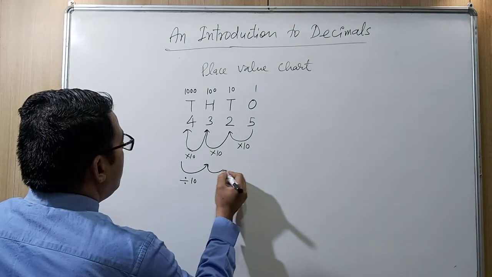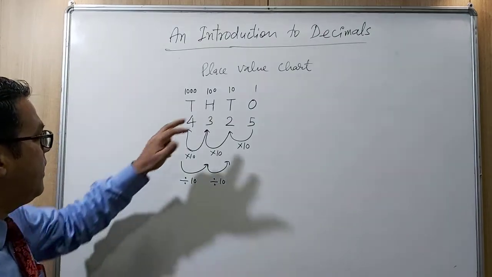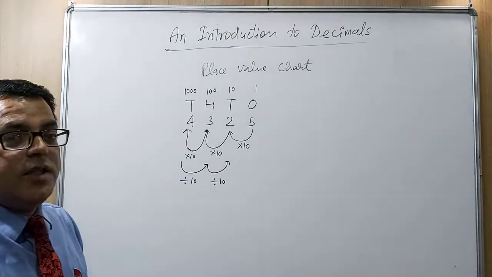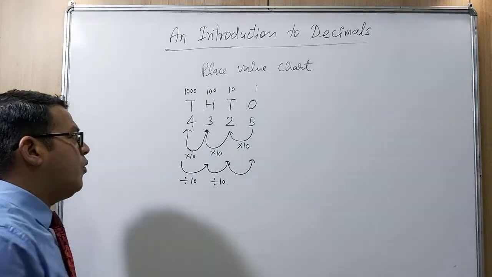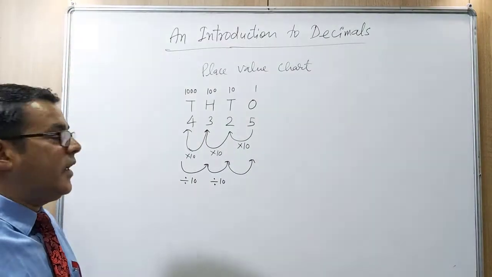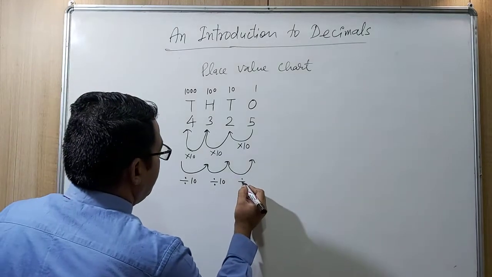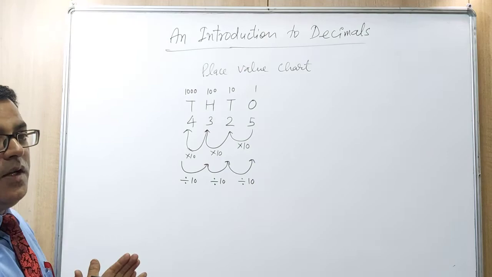We need to again divide by 10. If we divide 100 by 10, we move to tens place. And similarly, if we are at tens place and want to move to ones place, again we need to divide by 10. Hope you understand.